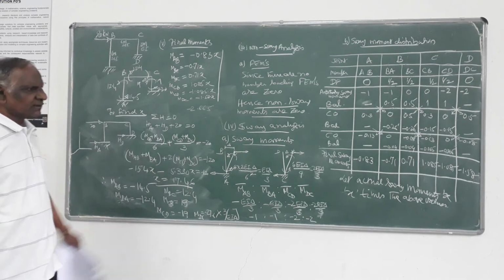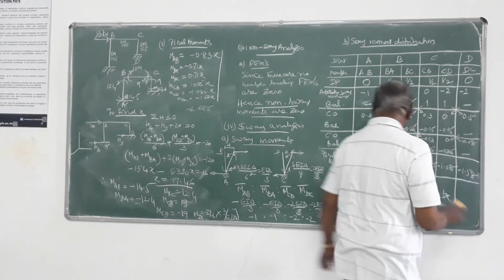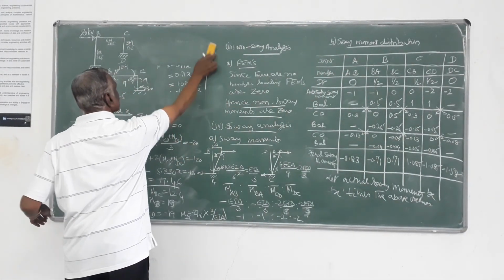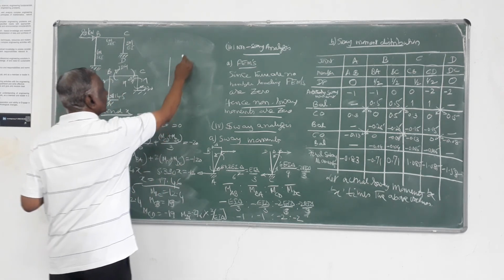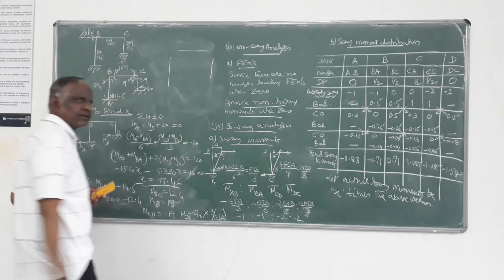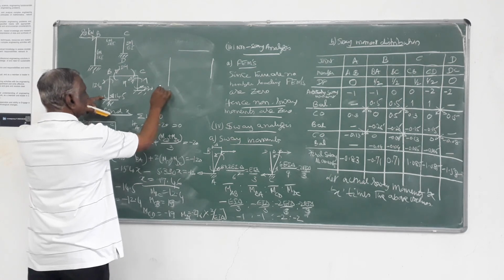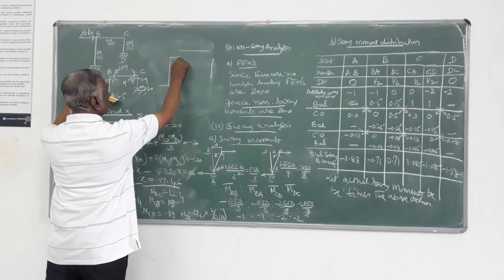So this you can plot as the bending moment diagram. That's the last step. So you can take each member individually like this. You plot on the tension side. Here it is 14.5. Here it is 12.4.